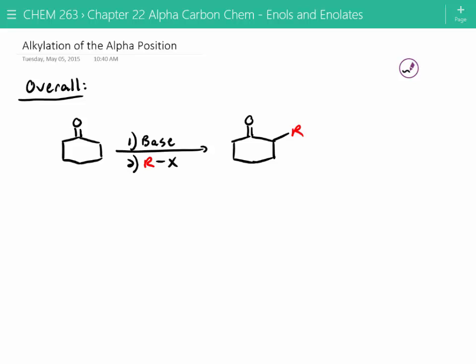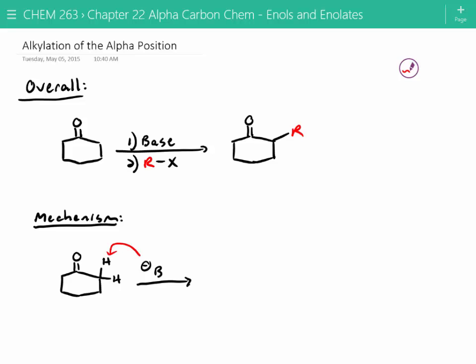Yes. All right, the mechanism's nice and easy. So the most acidic protons on these are your alpha position protons. So in the first step, if you've got a base, I'm just going to call this base B-.